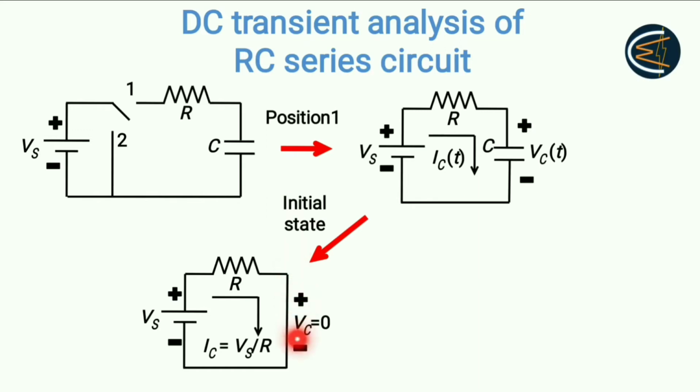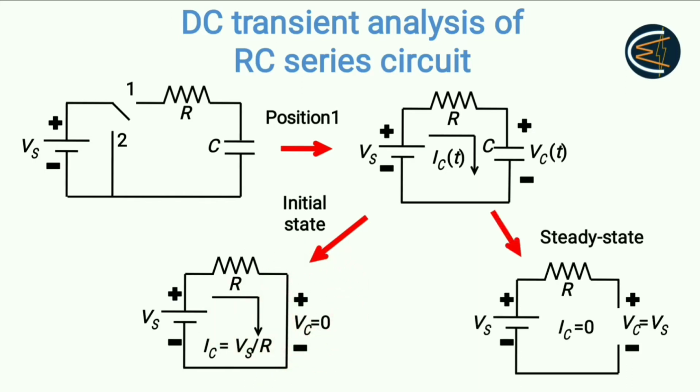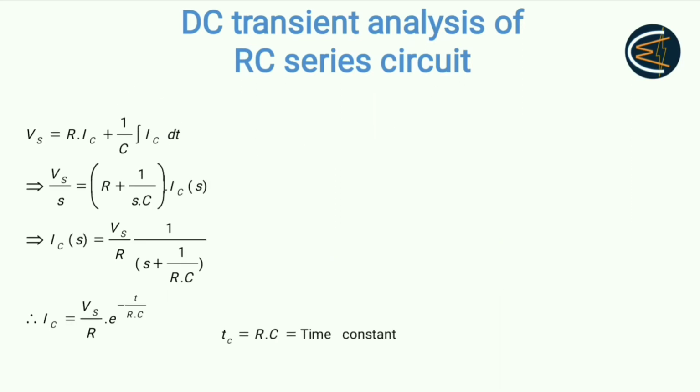So it becomes a purely resistive path, and current will be nothing but Vs by R, and voltage across the capacitor will be 0. And at the steady state, it will behave as an open circuit, so the voltage across the capacitor will be the supply voltage itself, and current will be 0.